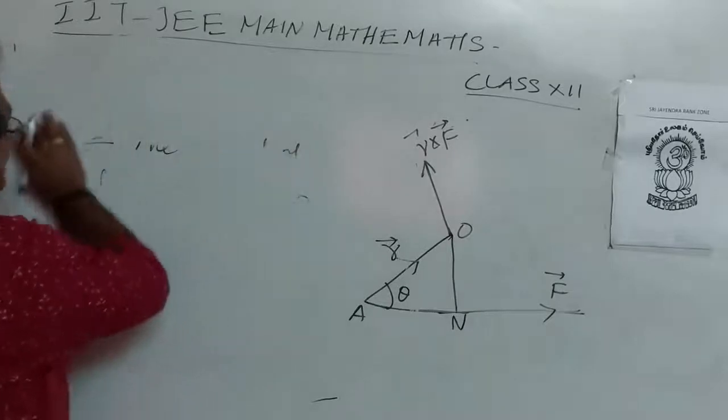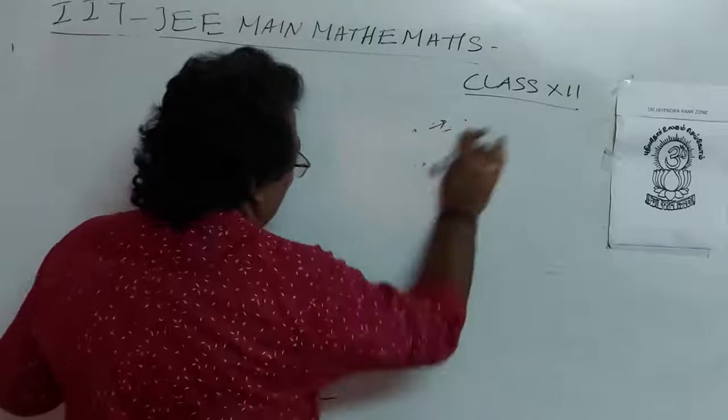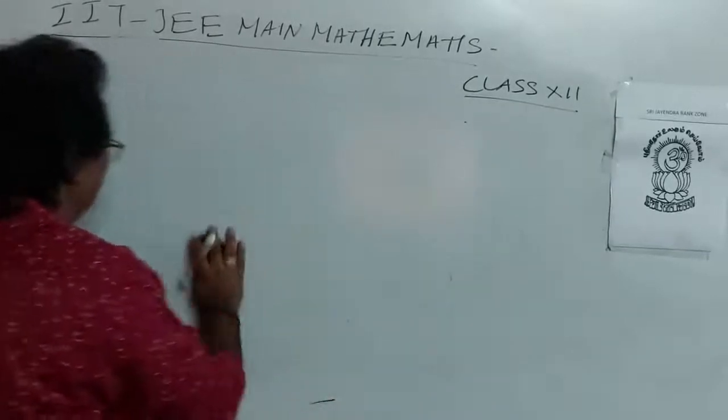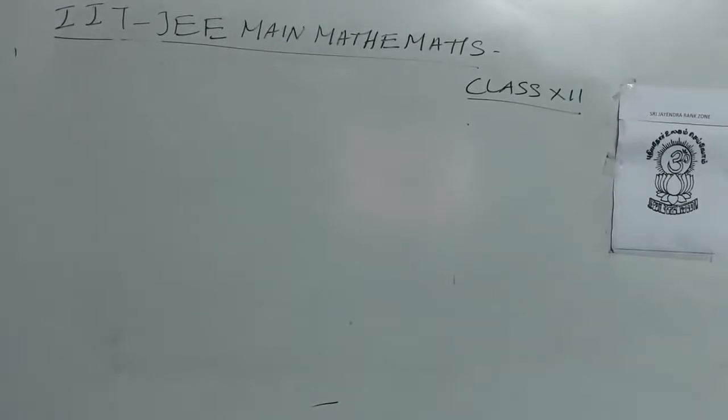If several forces are acting at a point on the line of action of force F vector, then the resultant force should be taken for F vector.